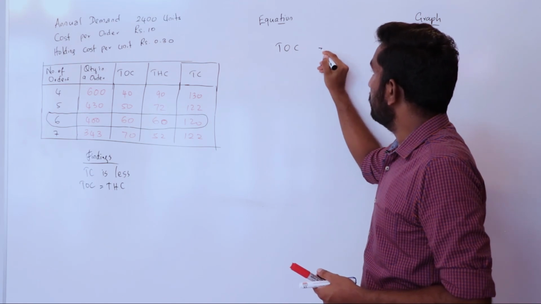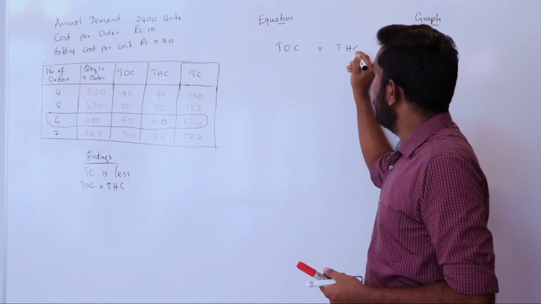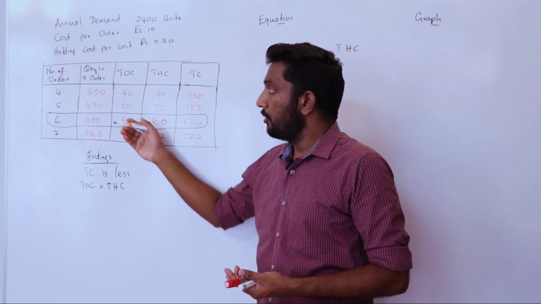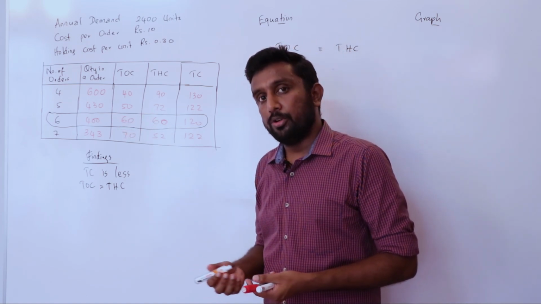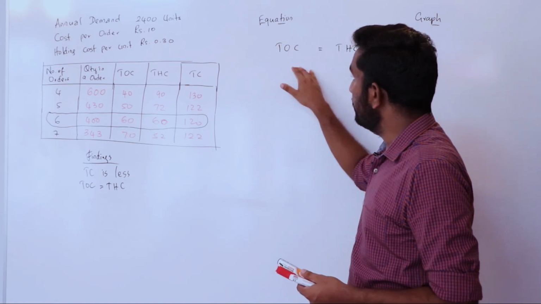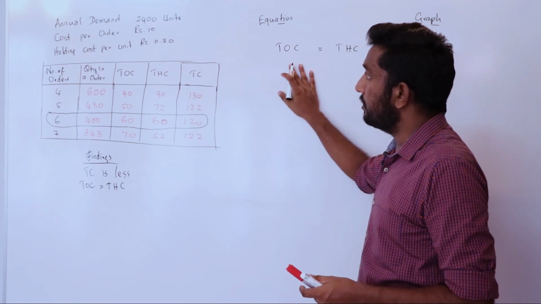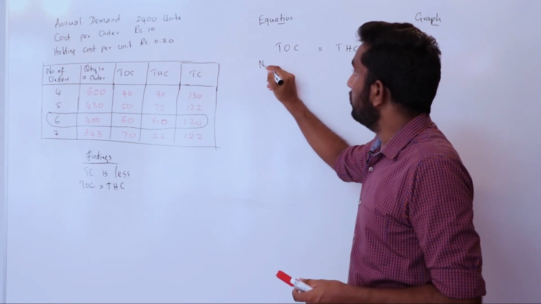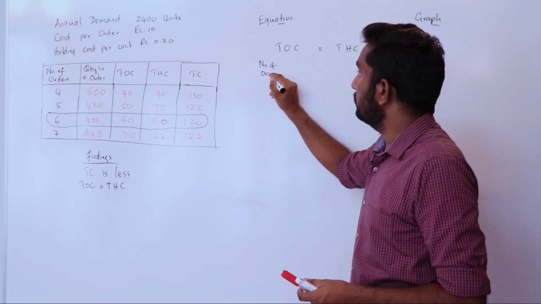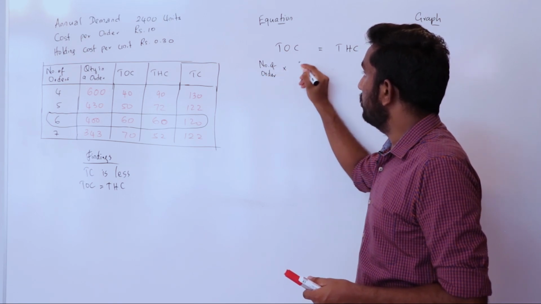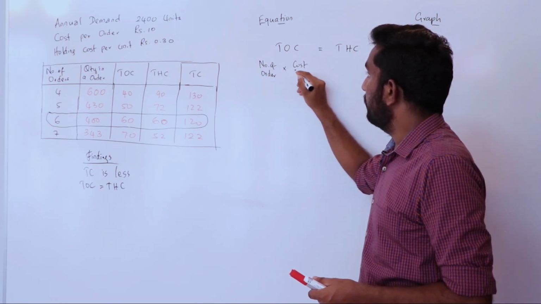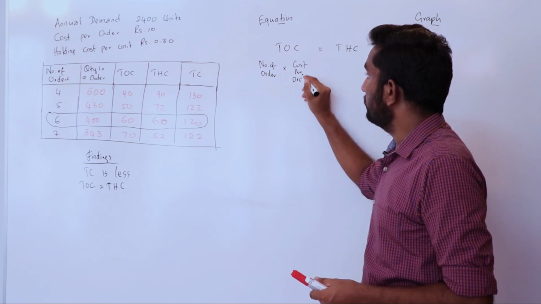Total ordering cost equals total holding cost at the point of EOQ. So what is total ordering cost equal to? Number of orders into cost per order.